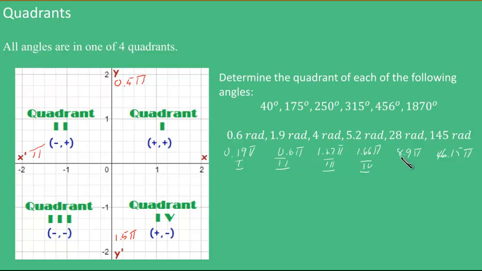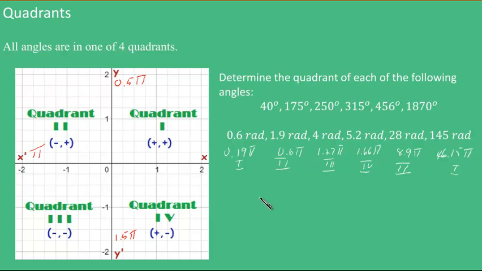Remember, every 2 pi is 1 revolution, so this is the same as 0.9 pi, and 0.9 pi is between 0.5 and 1, so that is in the second quadrant. And 46.15, well, that's the same as a complete set of revolutions, and 0.15 is between 0 and 0.5, so that is in the first quadrant.